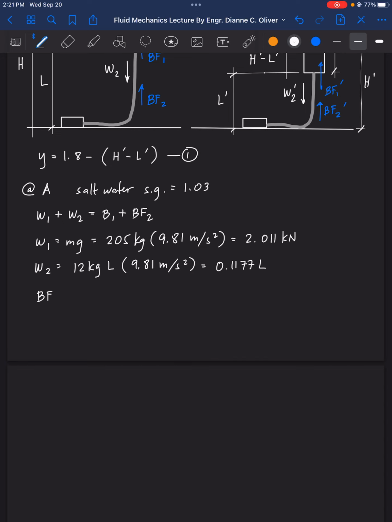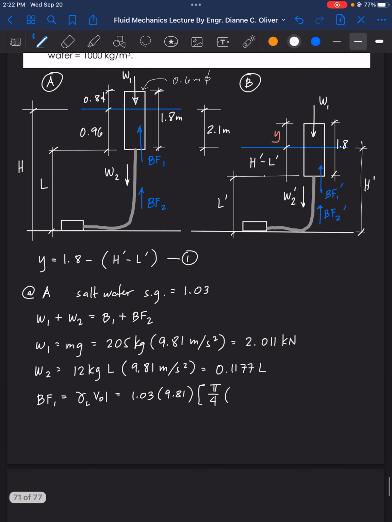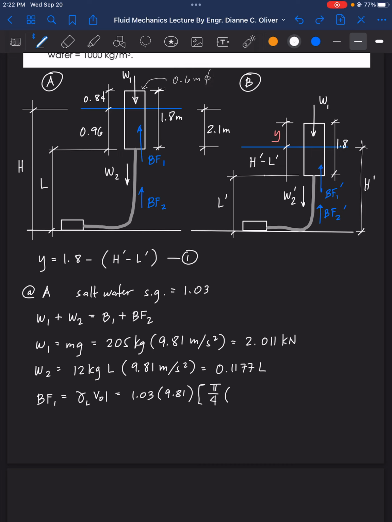Next, buoyant force 1 is gamma of the liquid, the salt water, times the volume submerged. So the salt water is 1.03 times 9.81 for its gamma L. And then for the volume, we have pi over 4 times the diameter, given as 0.6 meter, squared, and then the submerged length, 0.96.